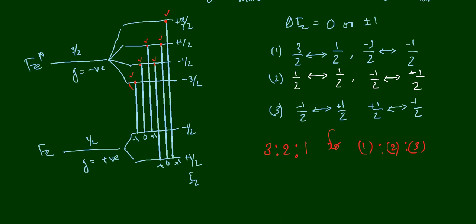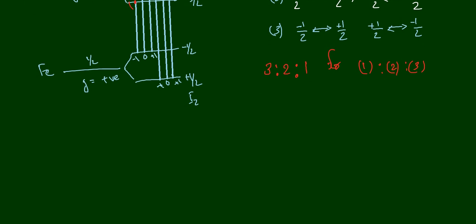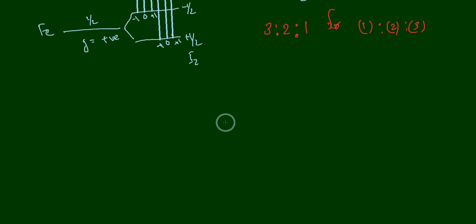So how will the spectrum appear? If we take the Mössbauer spectrum, corresponding to these 6 transitions, it will look like this. The first transition will have the maximum probability, because that is pair 1.